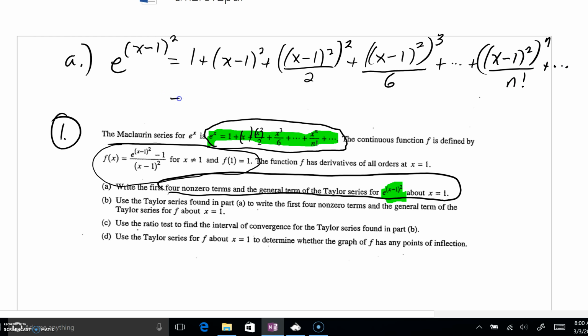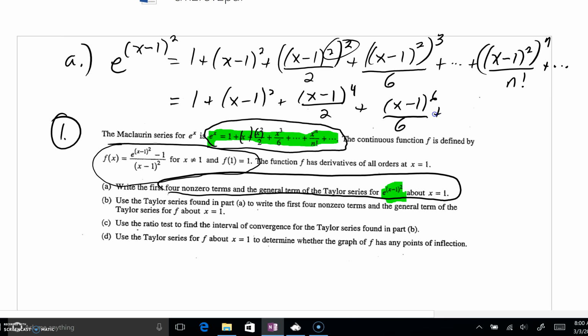And we can definitely clean this up. Whenever we're squaring a square here, this would become x minus 1 to the 4th all over 2. This next term would become x minus 1 to the 6th all over 6. And what about our nth term? We'll have x minus 1 to the 2n all over n factorial.